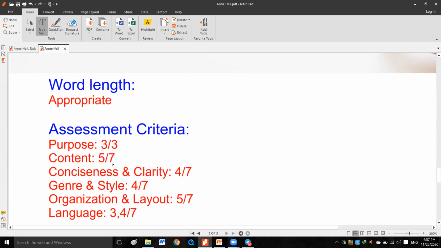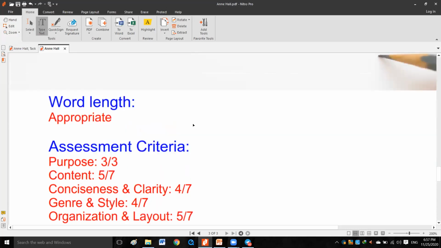Content missed relevant case notes. Conciseness and clarity: your writing is unclear, so you took 4/7. Genre and style, again 4/7. Organization and layout 5/7.